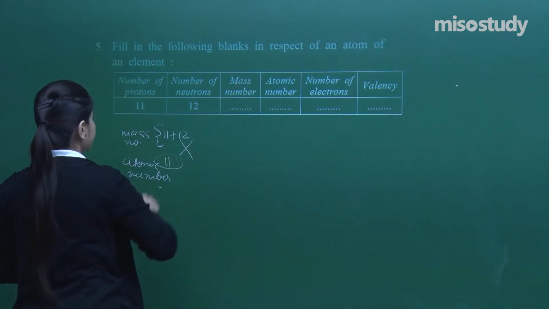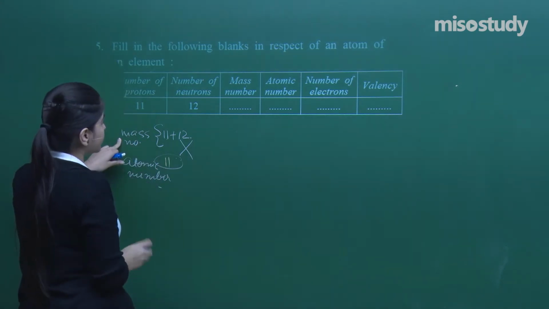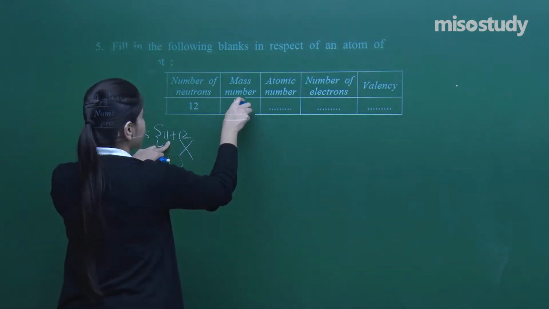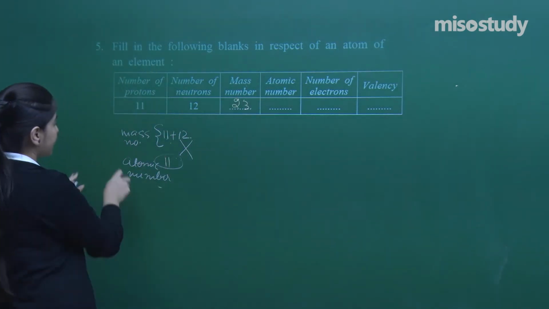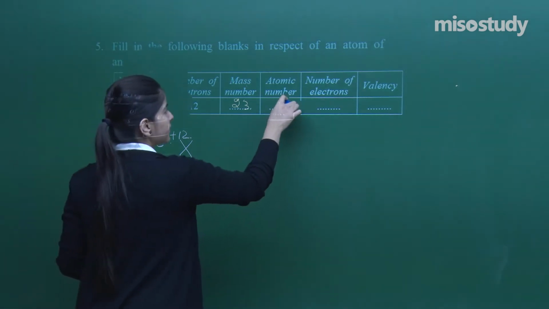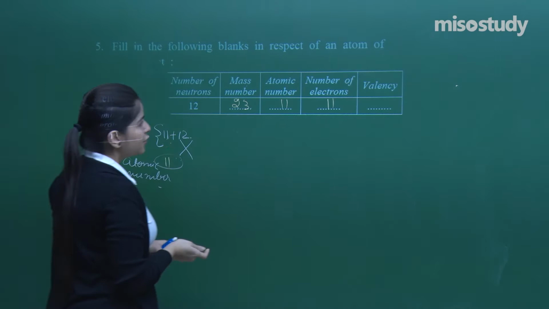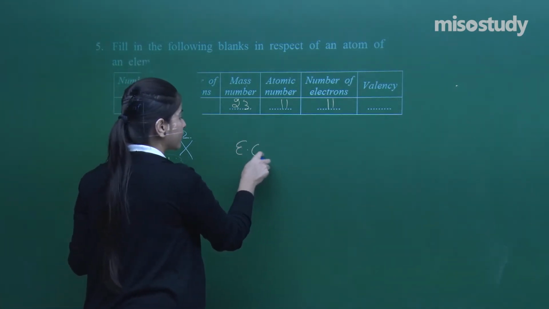So the mass number will be how much? 11 plus 12, so it is going to be 23. Now atomic number, it is going to be 11. Number of electrons, again 11, and valency. So can you count the valency over here? For that I need the electronic configuration.